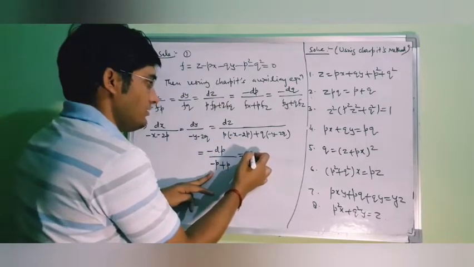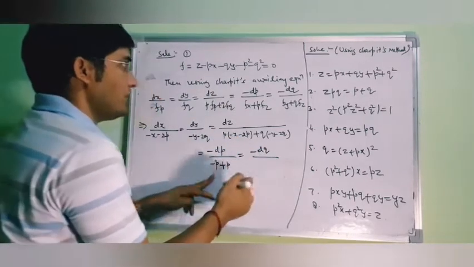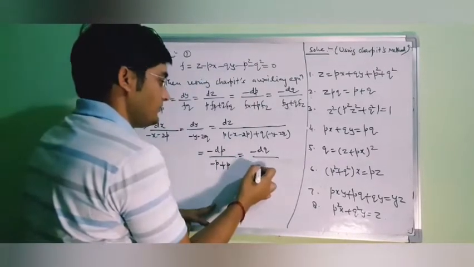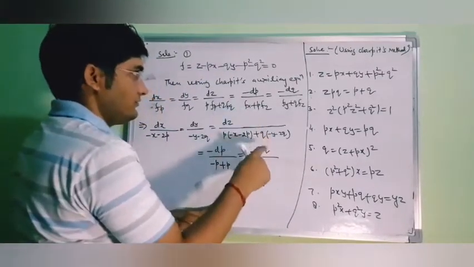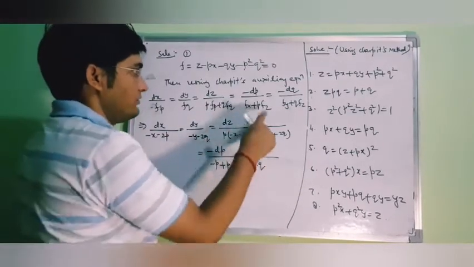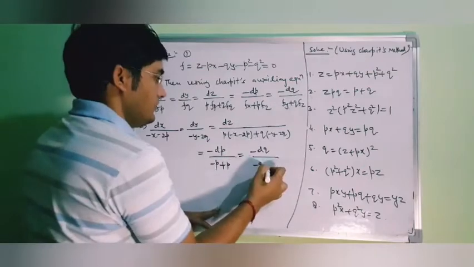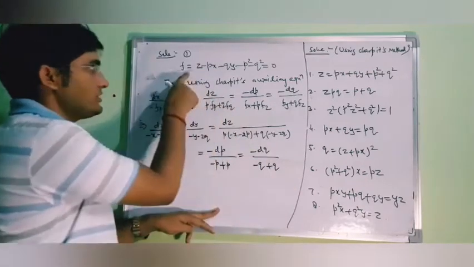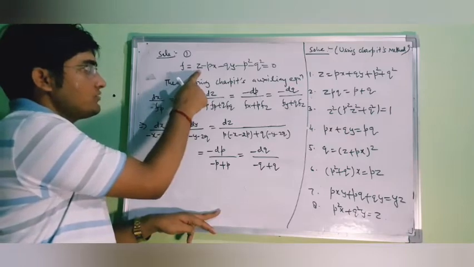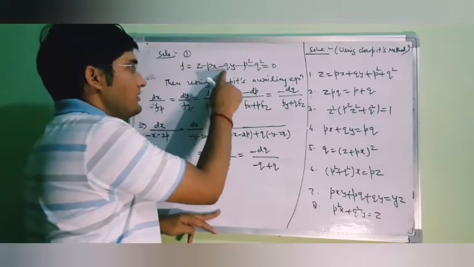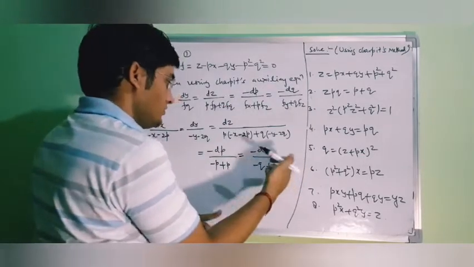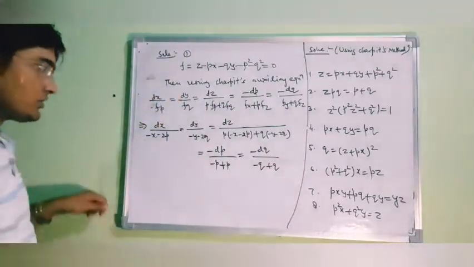Similarly, this is equal to minus dq upon fy. The partial differentiation with respect to y will be minus q, and then we will have q into fz. Again the partial differentiation with respect to z will be 1 because we have z, and the differentiation of px, qy, p square, q square with respect to z will be 0. So this is your Charpit's auxiliary equation.